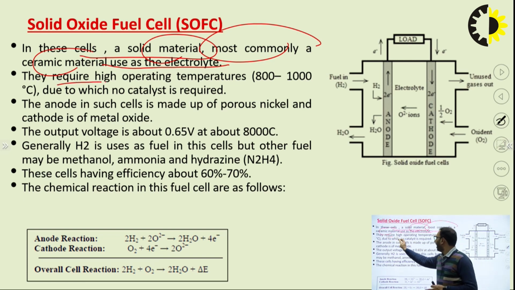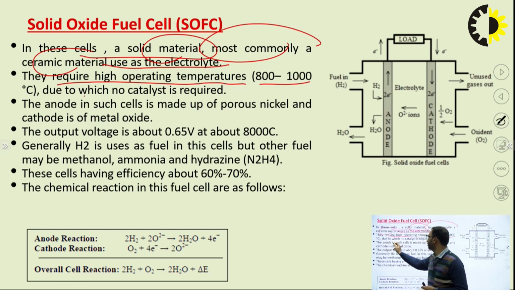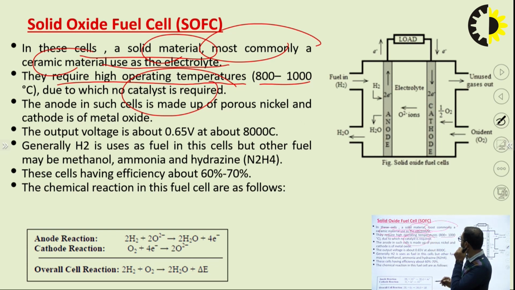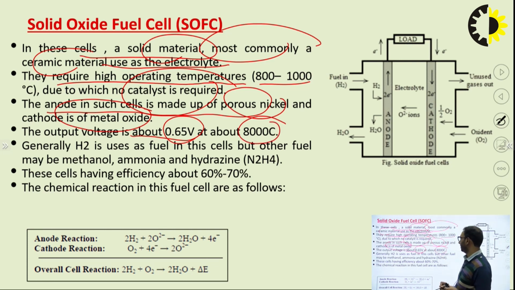They require high operating temperatures, 800 degrees Celsius to 1000 degrees Celsius, due to which no catalyst is required. The anode in such a cell is made up of porous nickel and the cathode is made up of metal oxide. The output voltage is about 0.65 volt at about 800 degrees Celsius.